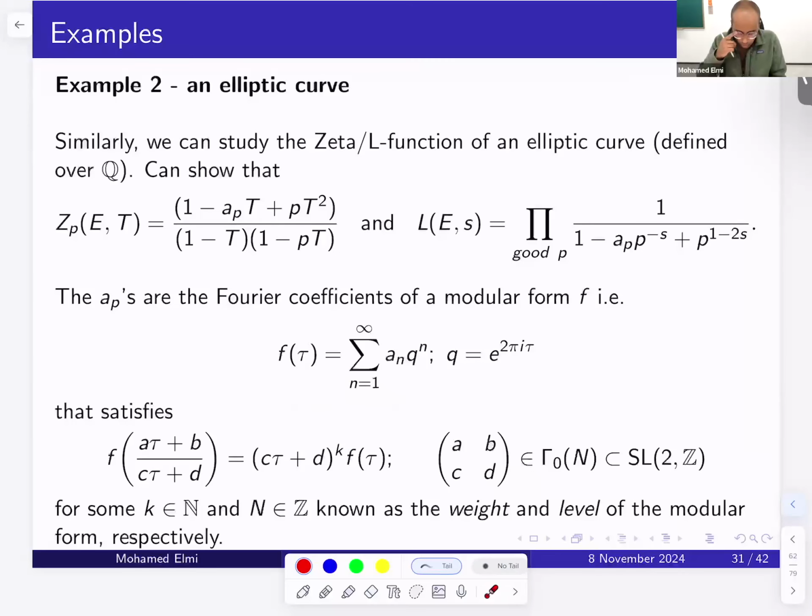It doesn't grow too quickly at the cusps, so at the boundaries of the upper half plane, the rational points at infinity. And it transforms in a very nice way. And so this will have some weights associated with it and a level. So to the experts who know this very well, I apologize, but this is supposed to be an introductory lecture.